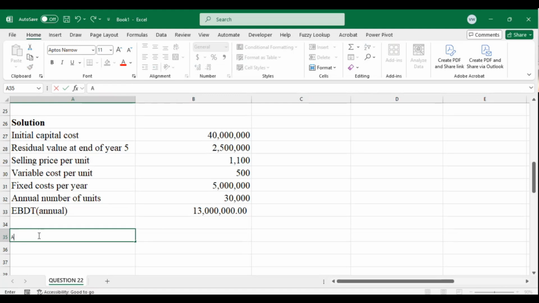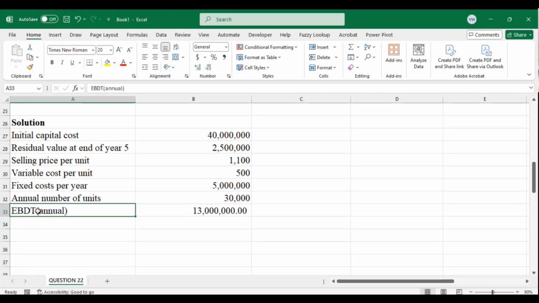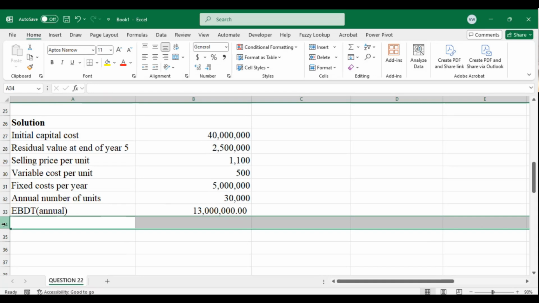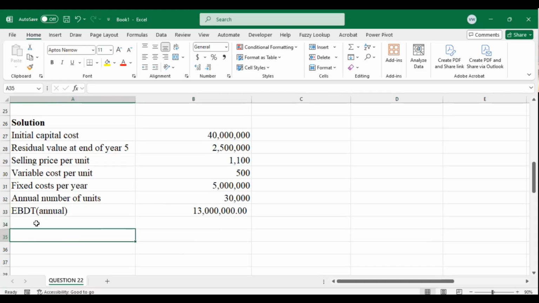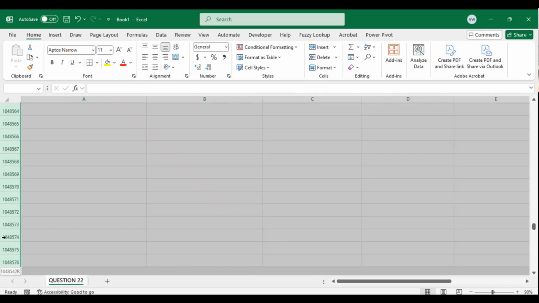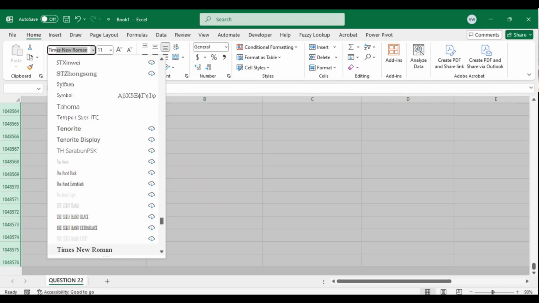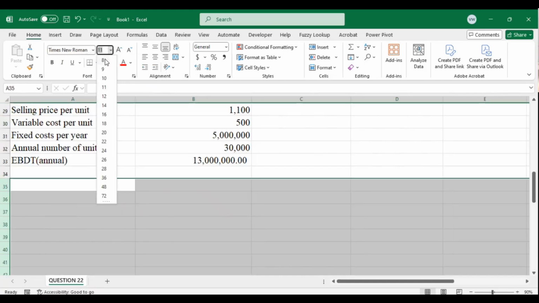Let me maintain this font, Times New Roman, size 20. So I'll highlight that, Control Shift down, then I say Times New Roman, and I want it to be 20 so that I have consistency.